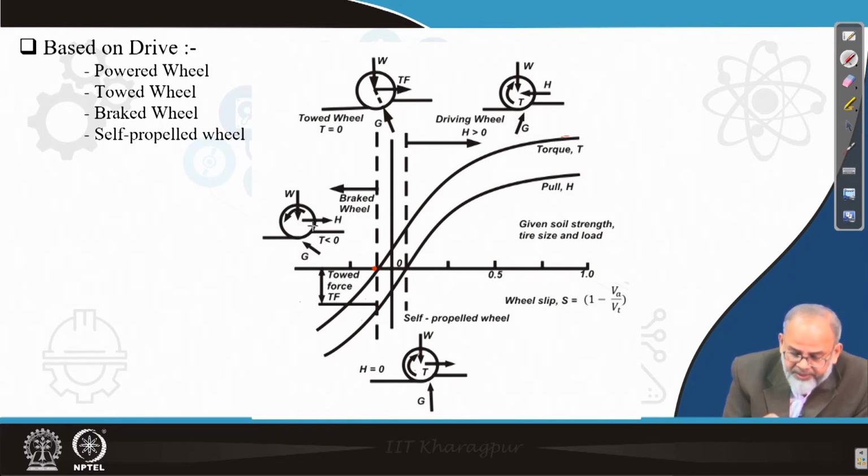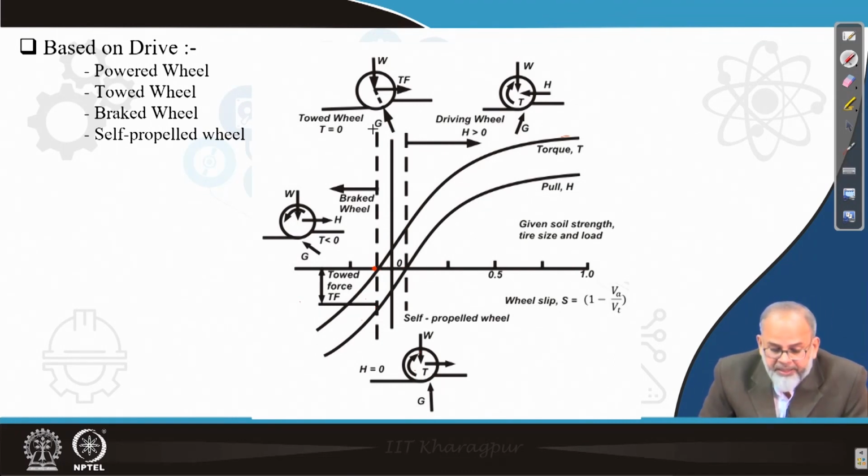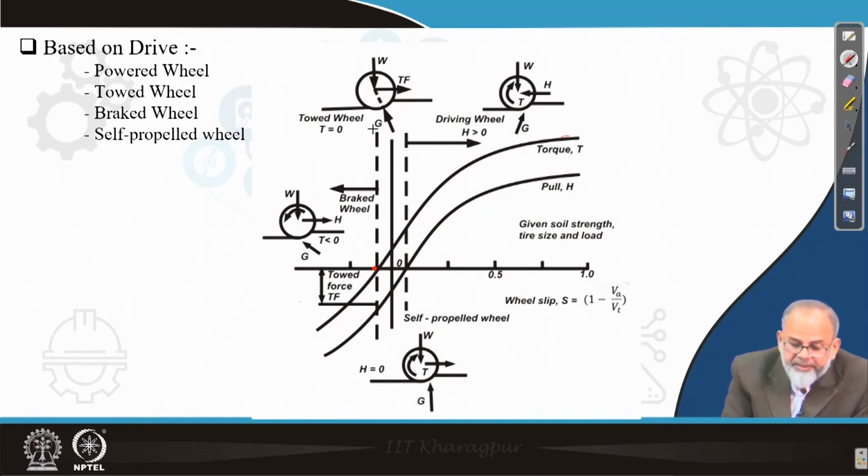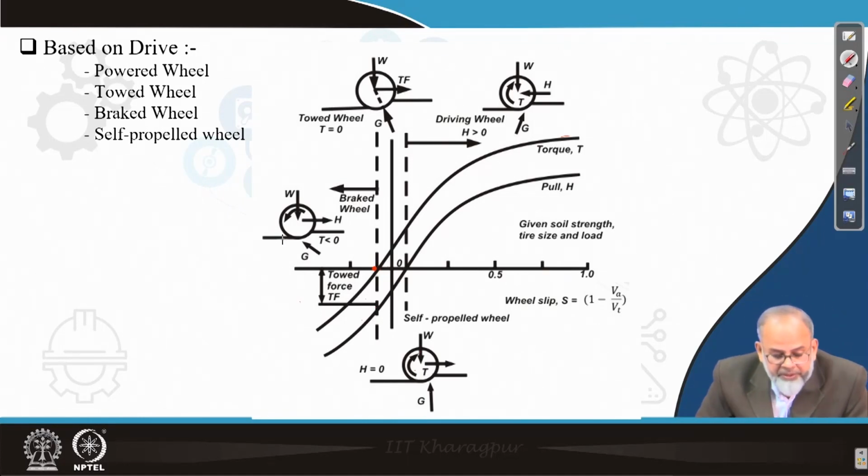It is inclined even more than the soil reaction obtained in the case of the towed wheel. And there is a thrust, there is a pull H. So torque is less than 0. This is called a braked wheel. The best example of a braked wheel is the ground wheel of a seed drill.